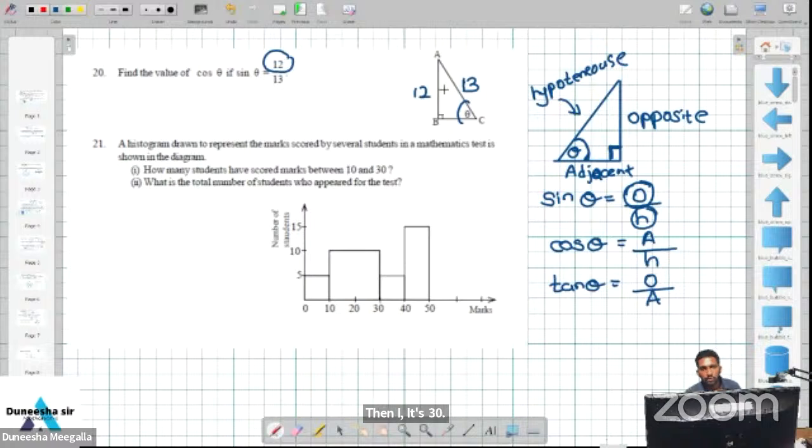Okay. Can you find BC by using the Pythagoras theorem? Can you find BC?